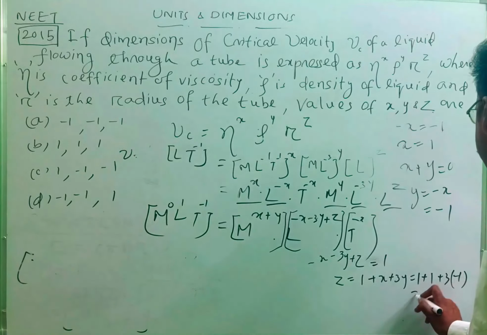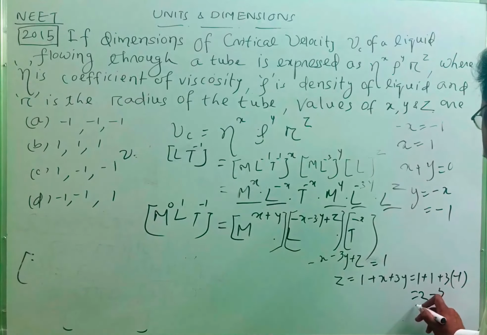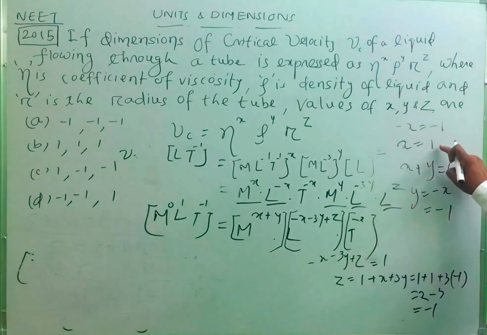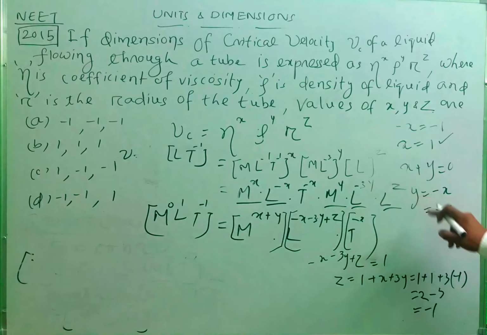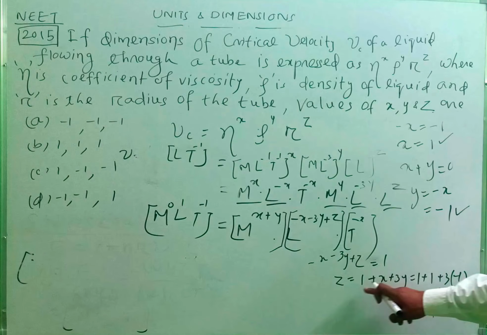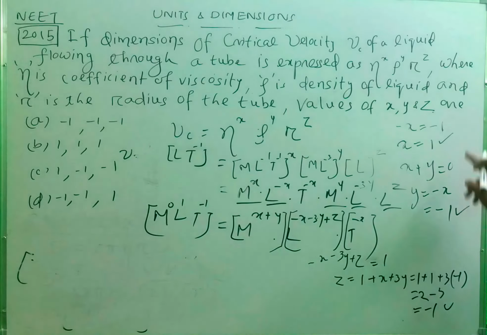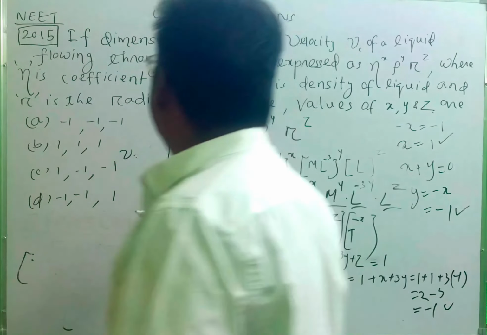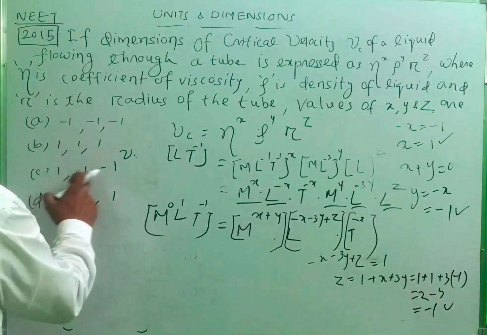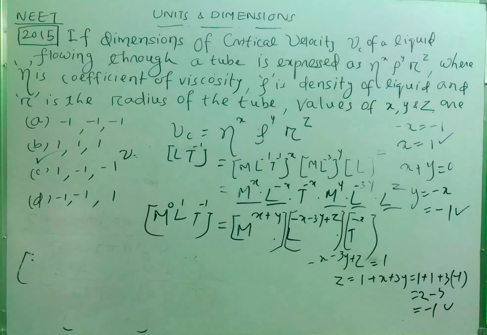Minus 1. This is 2 minus 3. So this is equal to minus 1. So the value of x we found 1. The value of y we found minus 1. The value of z we found minus 1. So 1, minus 1, minus 1 will be the answer. Where is it? 1, minus 1, minus 1 in C. So the option C is correct, students.